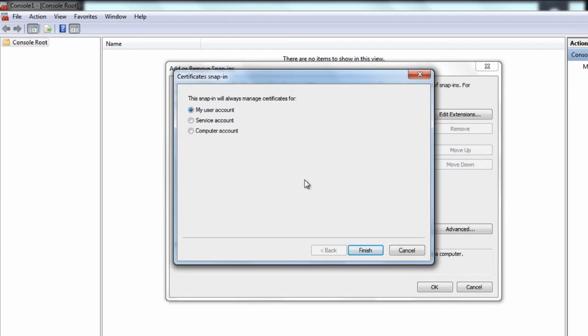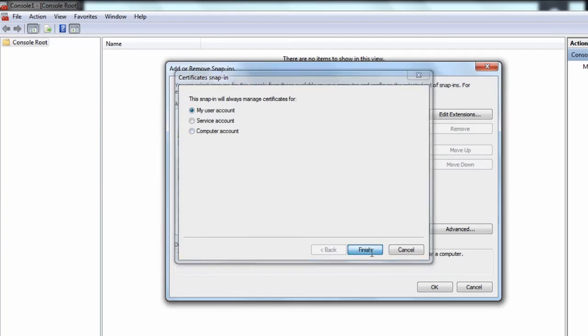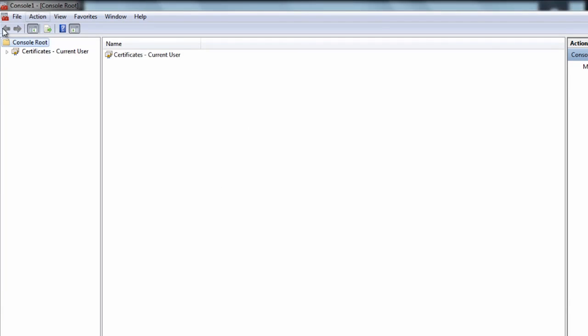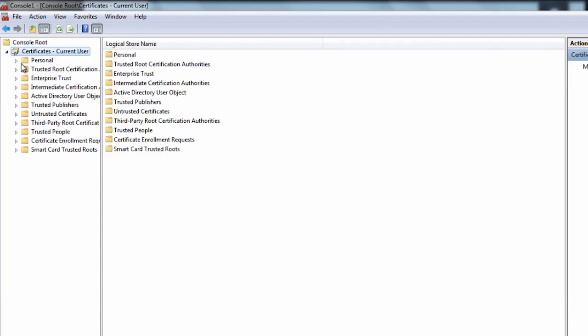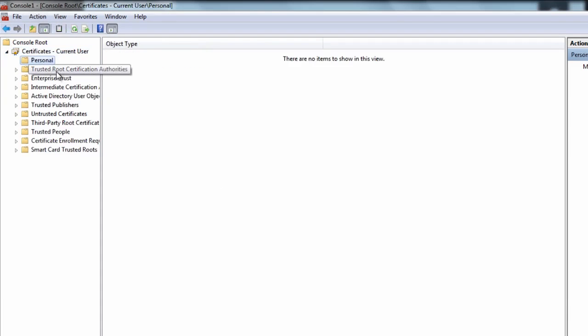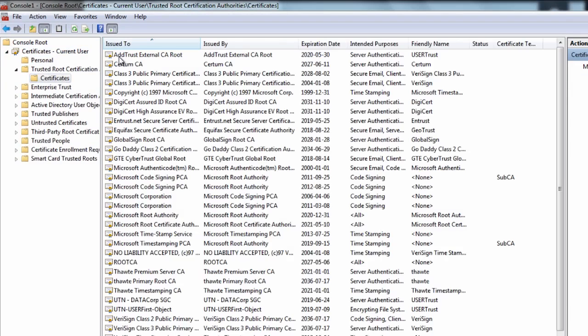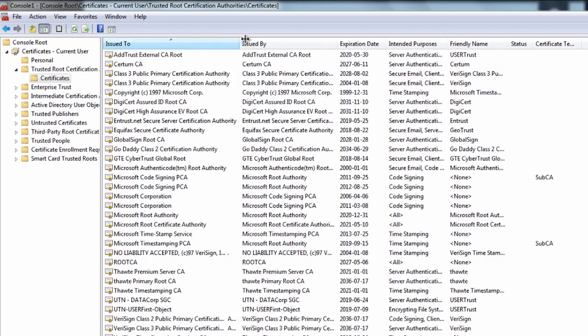If we add components which are called certificates to the administrative console, and they will even be certificates from our own account, it turns out that we, as a user of a given computer, trust quite a large number of certification authorities. Where did this come from? This is innate trust.